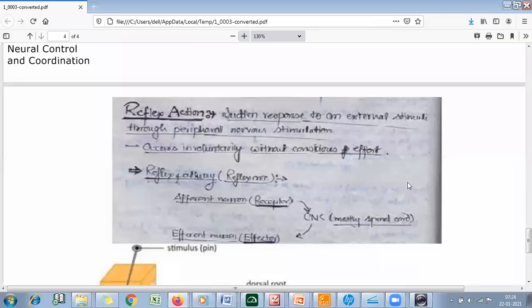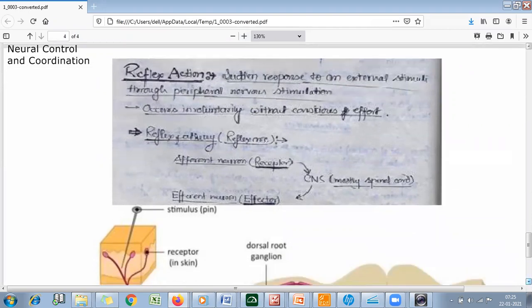So the reflex action. Reflex action is the sudden response to an external stimulus through peripheral nervous stimulation, and it occurs involuntarily without conscious effort. So we can understand this reflex action in some situations, when the pin is pricked, then what happens?